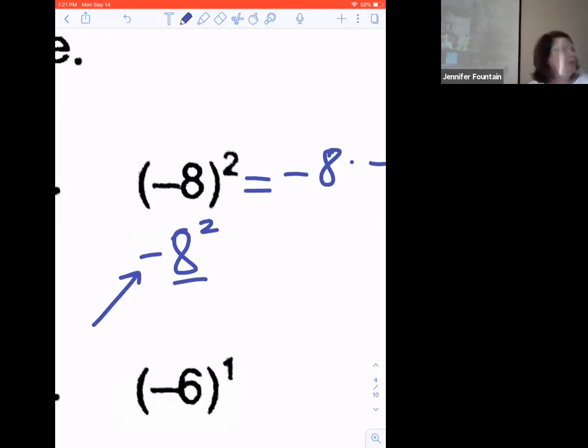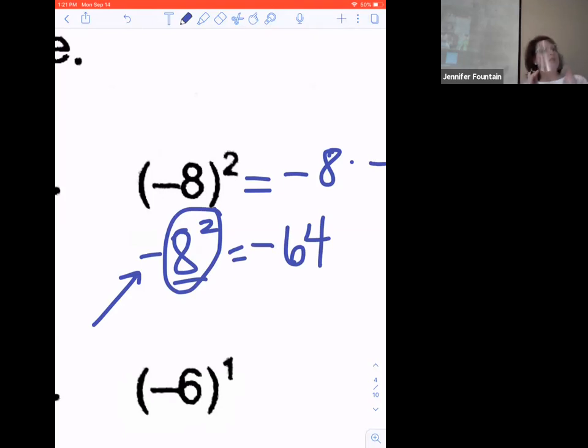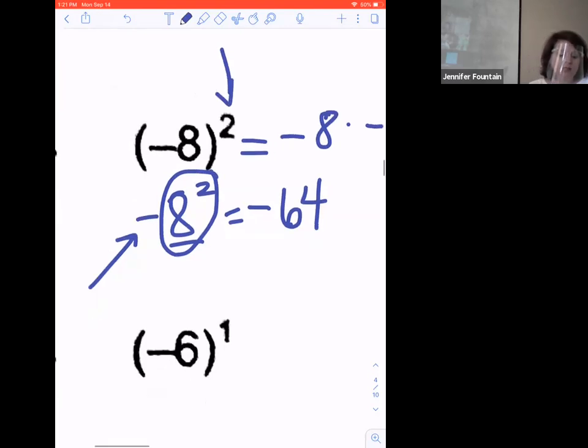So if I have a negative and no parentheses, I'll look at this as the opposite of 8 squared. So the first thing I do is I look at what is 8 squared, and that's going to be 64. What's the opposite of 64? -64. So you want to pay close attention to, is my negative inside parentheses or is it not? And if it is not, then I know that I will have a negative answer. If my negative is inside parentheses and my exponent is even, then I know I'm going to end up with a positive.